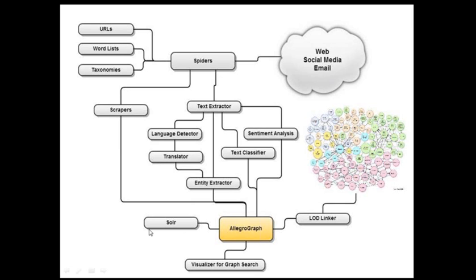We store all that in AllegroGraph and in Solr, and then we take the objects found in the text and link them to Freebase for organizations, GeoNames for places, DBpedia for people names, and then we make it all available in our graph visualizer and navigator.